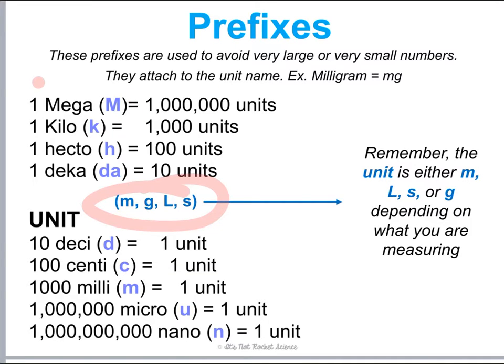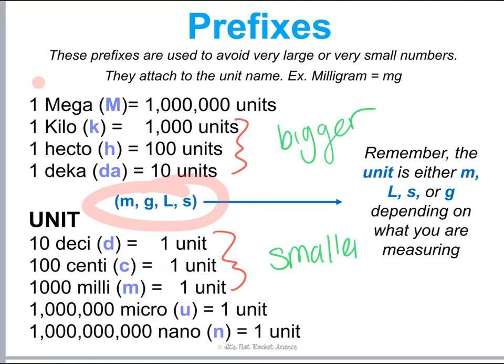So primarily these are going to be the three that we will use of the larger ones, and same thing here. We mostly use the three that are closest to it. The ones underneath are going to be smaller, and these are larger up at the top. So these are bigger than the unit, and these are smaller than our base units.